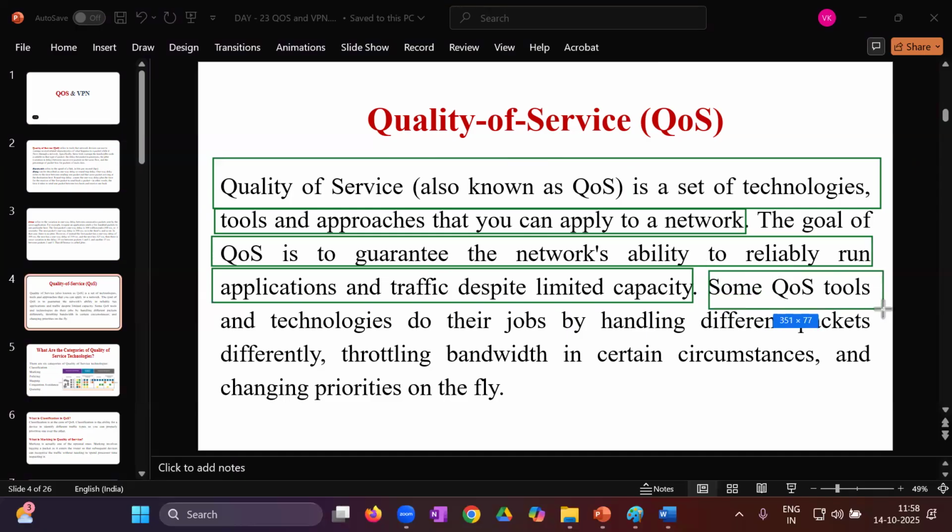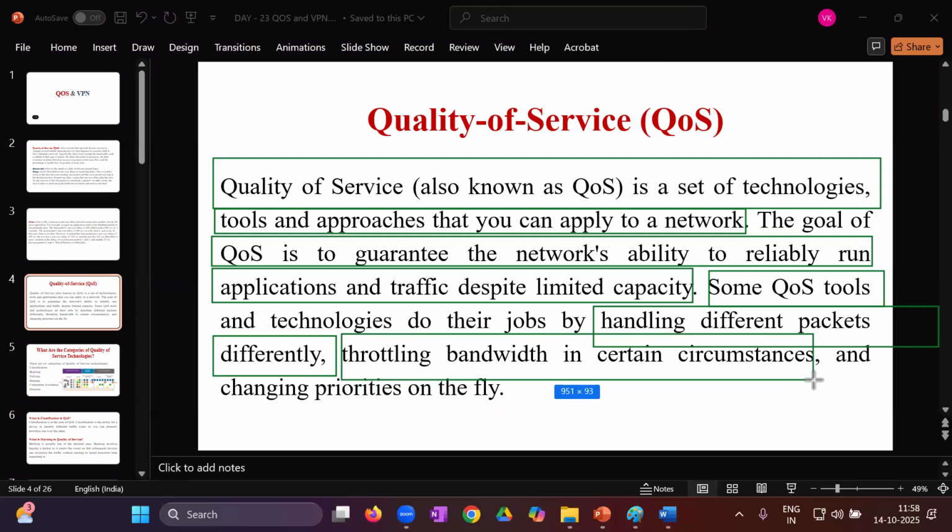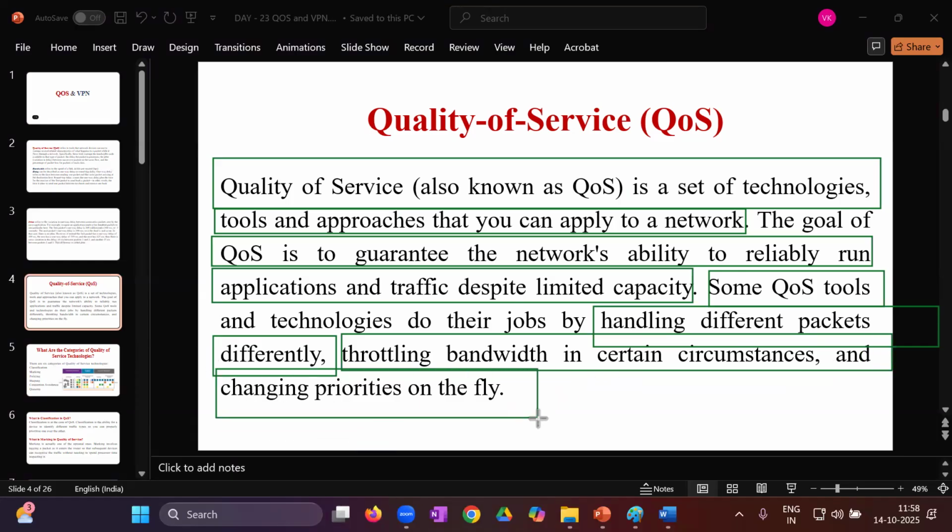Some QoS tools and technologies do their jobs by handling different packets differently, throttling the bandwidth in certain circumstances, and changing the priorities on the fly. What is throttling of the bandwidth? In this case, it will dedicate bandwidth. Let's say I have a link with a speed of 100 Mbps.